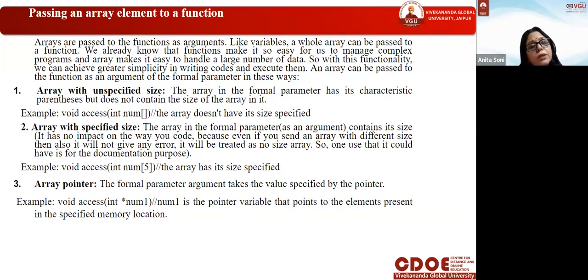For pointer we use the asterisk operator, this star operator. This is the pointer operator. So what does it mean if you say star num1? It means num1 is a pointer variable that points to an element at a specified memory location of an array variable.